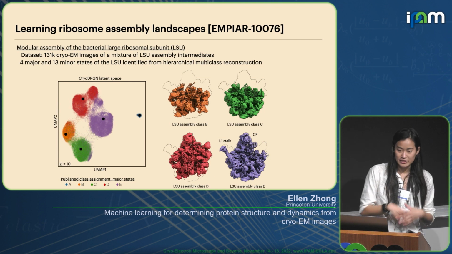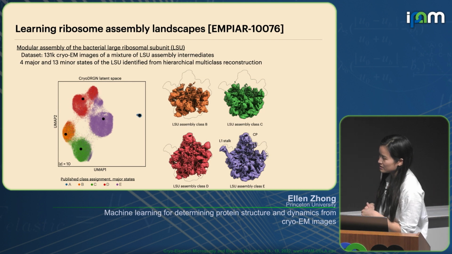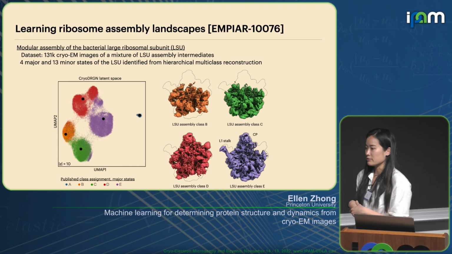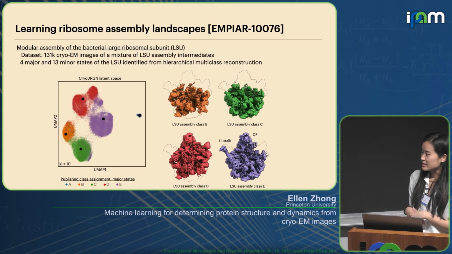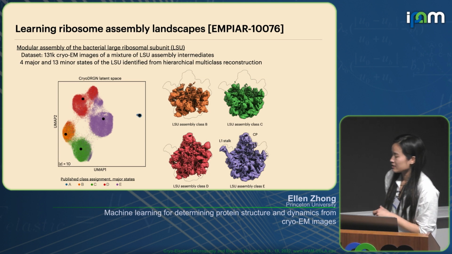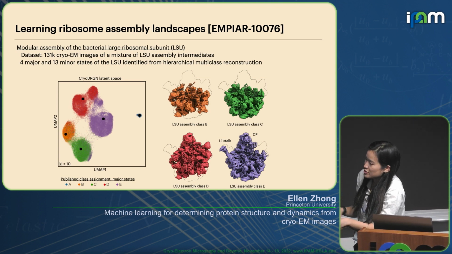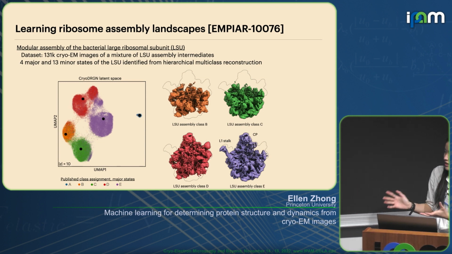But because we have this 3D classification previously done, we can pretty easily validate that these clusters in the latent representation align well with the published 3D classes. So what I'm showing on the left is each image colored by the class assignment from 3D classification. And so the 4 major classes, B, C, D, and E, are captured as those 4 clusters. So that's a nice validation.